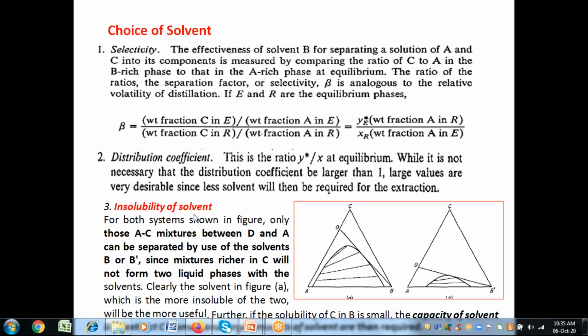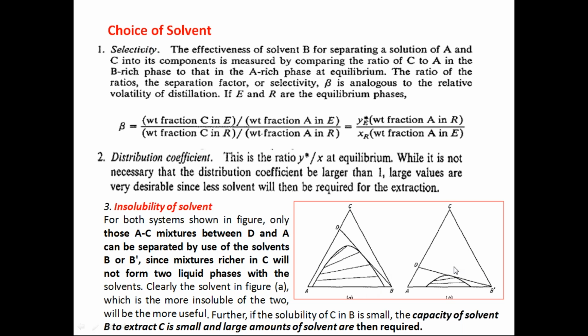So another very important parameter which you should see in the solvent selection criteria is insolubility of the solvent. For example, if you take A and B diagrams which are shown here, the A diagram is having a larger binodal curve loop, and the B diagram is having a very small binodal curve loop.